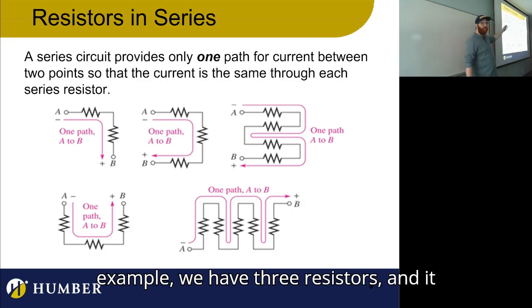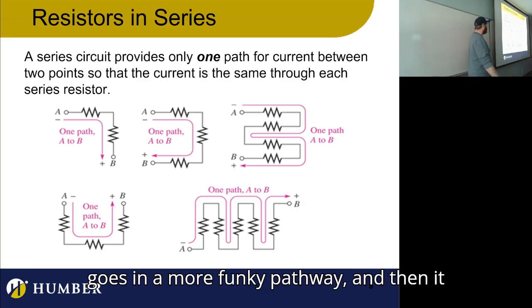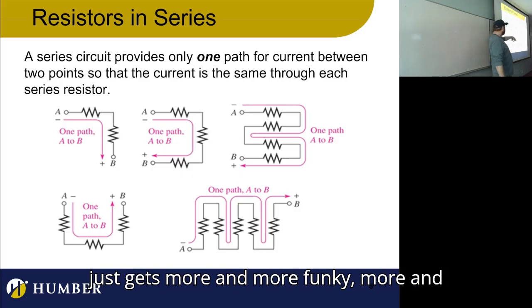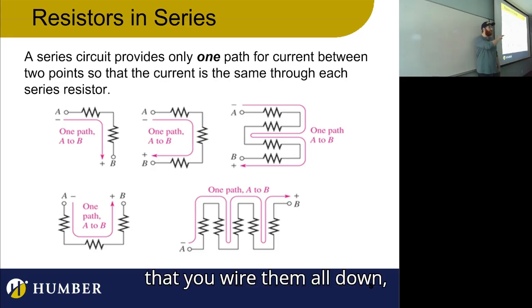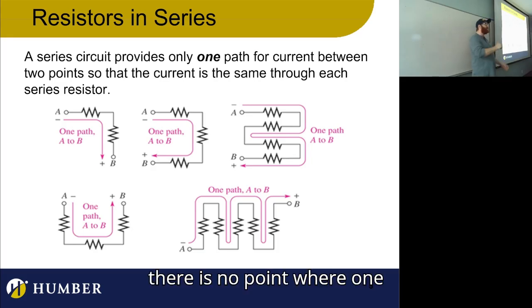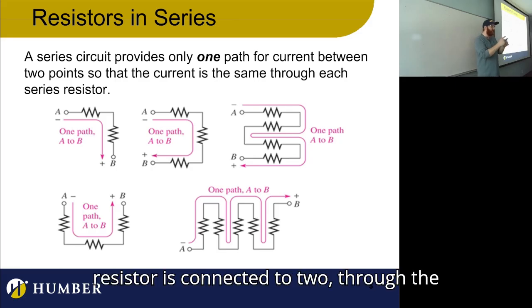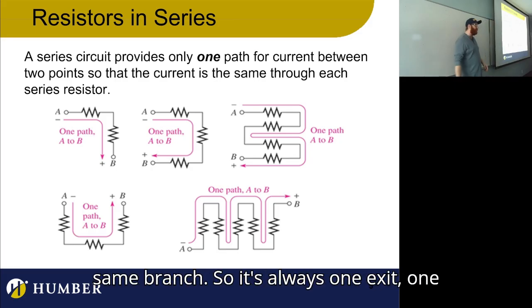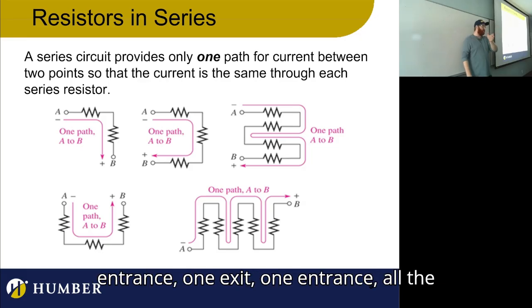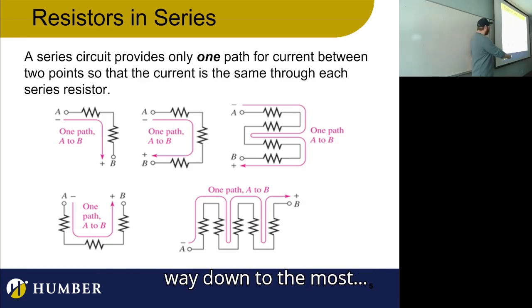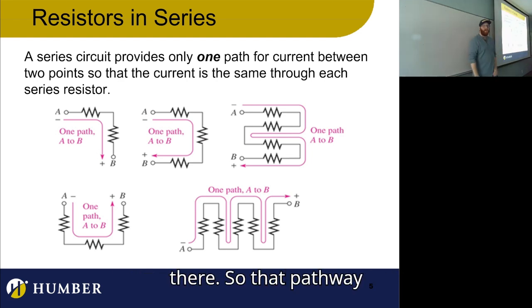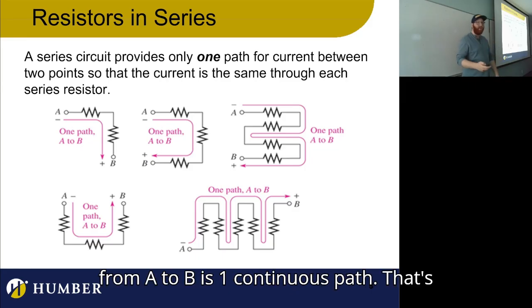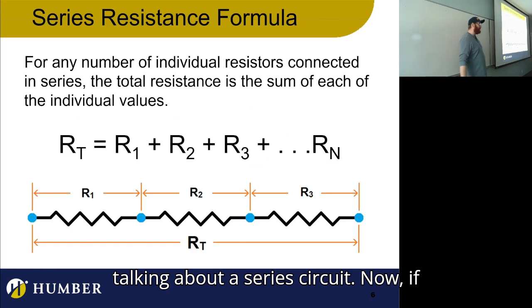In the second example, we have 3 resistors and it goes in a more funky pathway, and then it just gets more and more funky, more and more turns. But regardless of the shape that you wire them, there is no point where one resistor is connected to 2 through the same branch. So it's always one exit, one entrance, one exit, one entrance, all the way down to the most twisty-turvy one on the bottom right there. So that pathway from A to B is one continuous path. That's what we're talking about when we're talking about a series circuit.